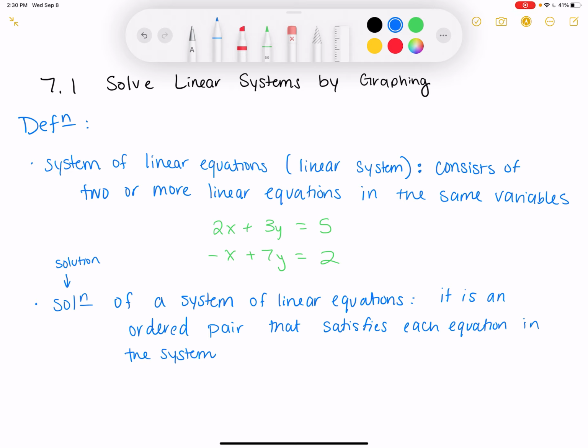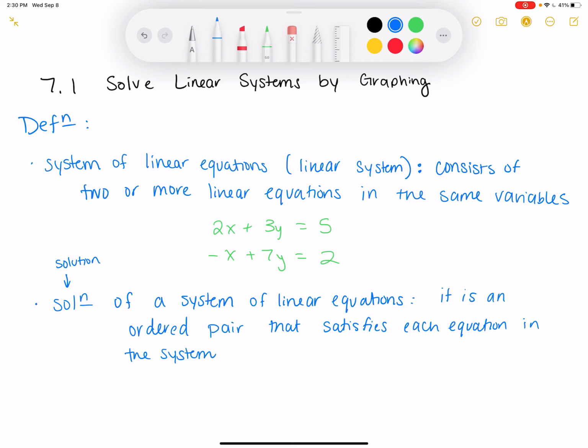We'll get lots of different methods that we can solve them by using. In this particular section, we're doing it by graphing. There will be other methods that we'll use as well. Sometimes I may specify that you have to use a particular method.